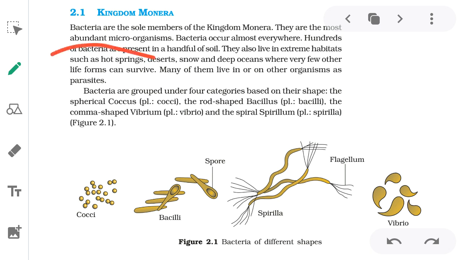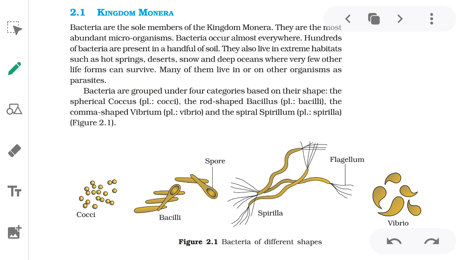Such as hot springs, deserts, snow, deep ocean, where few other life forms can survive. Only a few life forms can survive in hostile conditions, or extreme conditions.